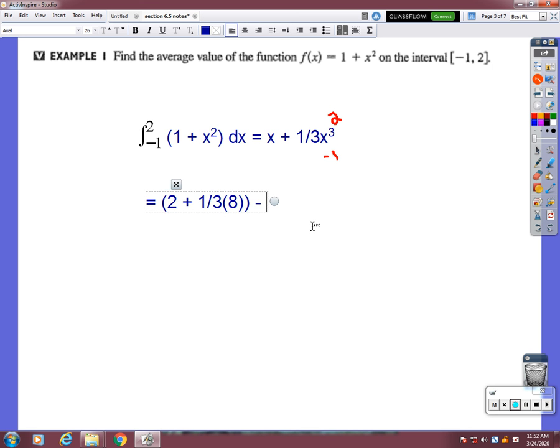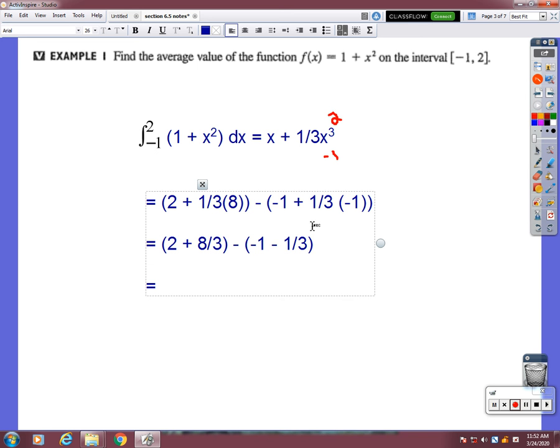And then I have to subtract from that what I get when I plug in -1, which would be -1 plus 1/3 times -1. So on this side, that is 2 plus 8/3 minus -1 minus 1/3.